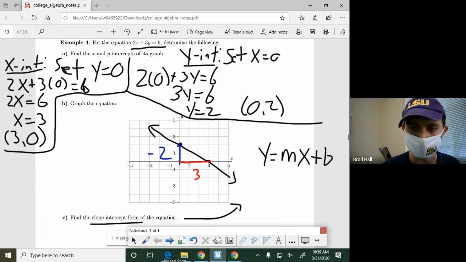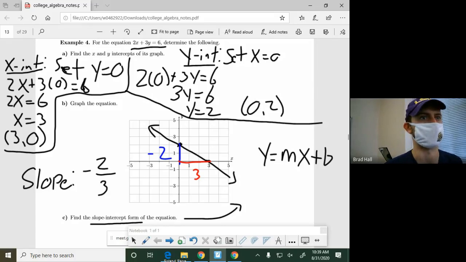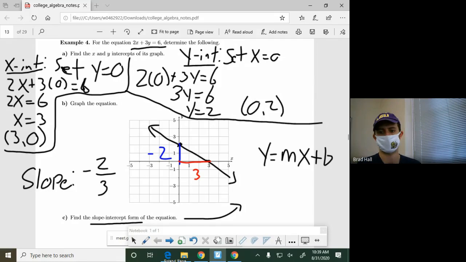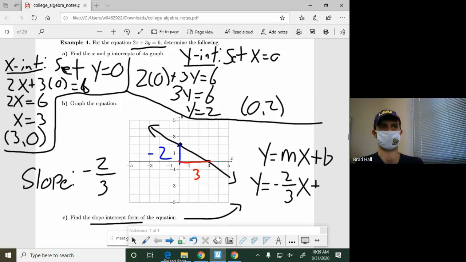And so the slope would be -2/3. It's rise over run. So if anything, we can start to fill in our formula: y is equal to -2/3 x, because -2/3 is the slope.